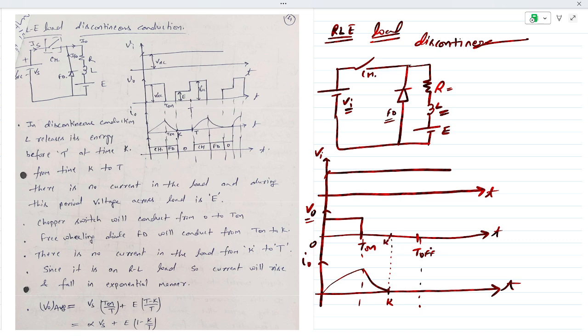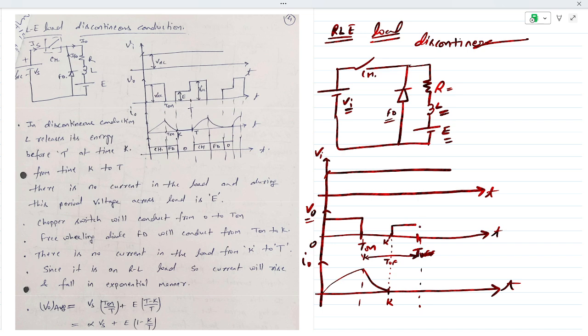So from K to T off, the voltage across the load is what? Only E is there. So let's say this is the amount of E. This duration is T off, and T on plus T off is capital T.